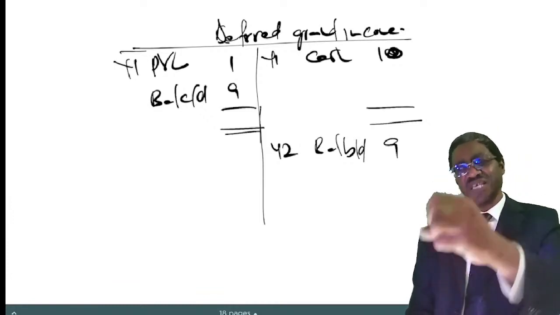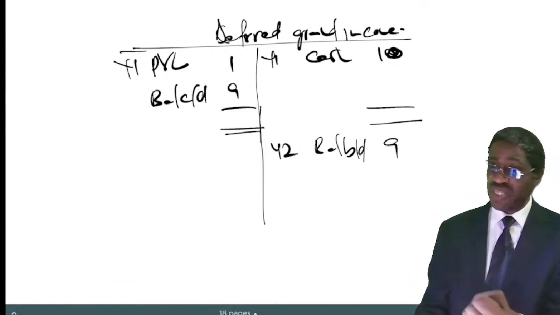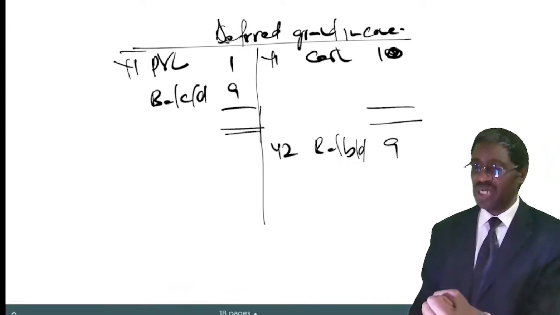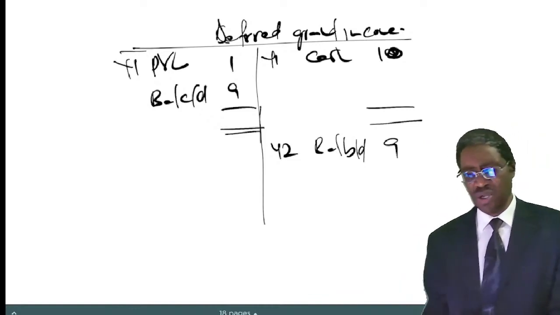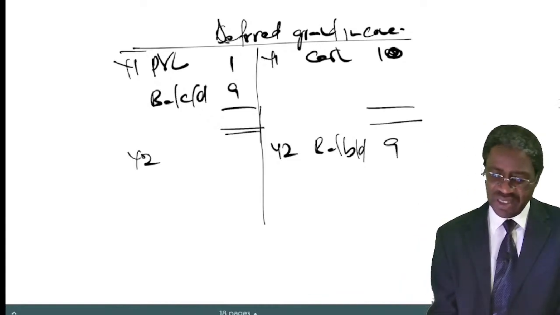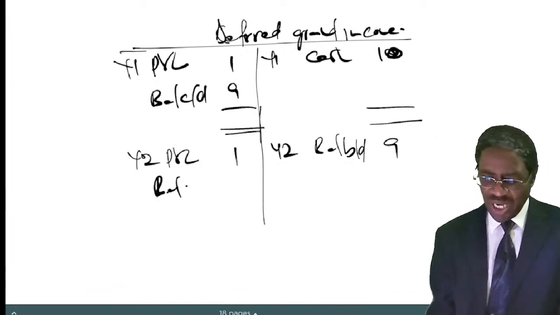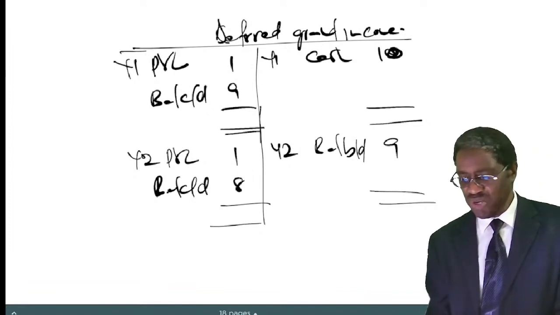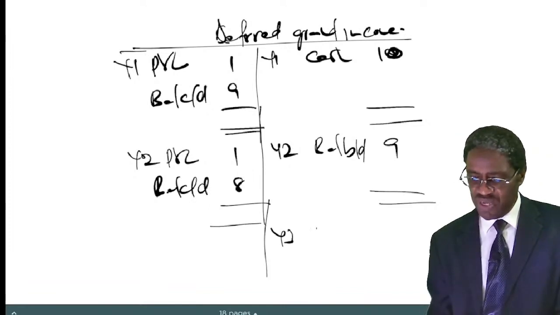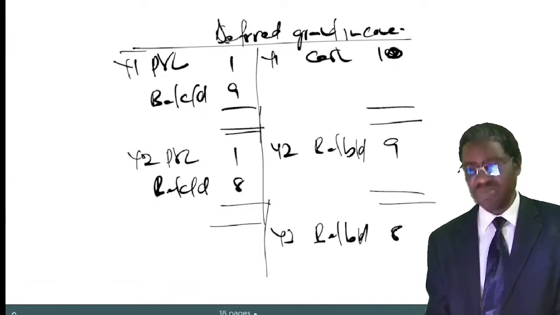Then again in the second year, you transfer another income to the P&L account of how much? 1 million again. Then you carry down the balance of 8 million. Good. Then you bring down the balance by the beginning of year 3. That is how much? 8 million.